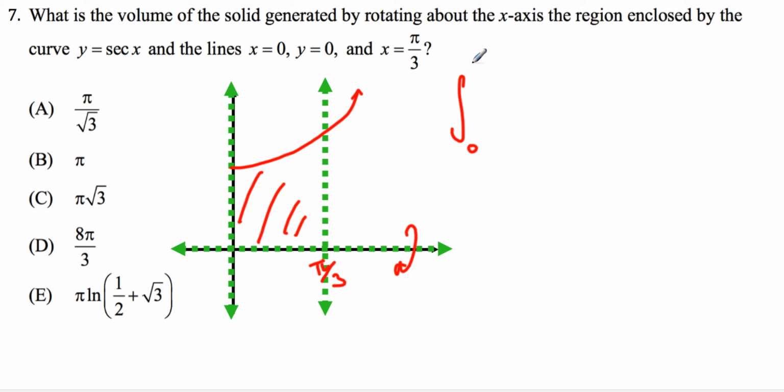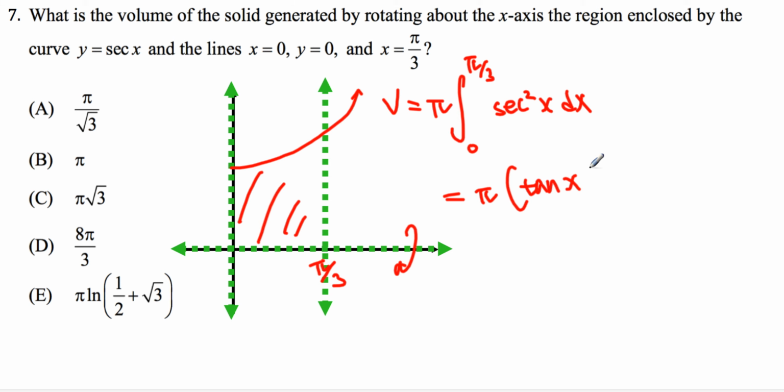From 0 through pi over 3, the volume becomes pi r squared, where r is equal to secant of x, so secant squared x dx. Then we end up getting pi as coefficient, and the integral of secant squared would be tangent of x, which goes from 0 to pi over 3.